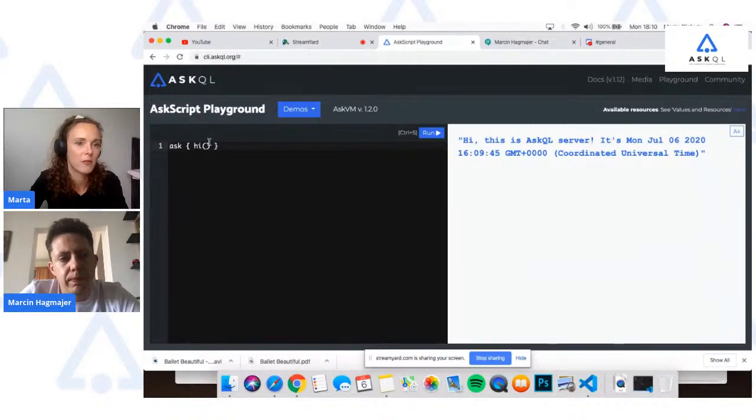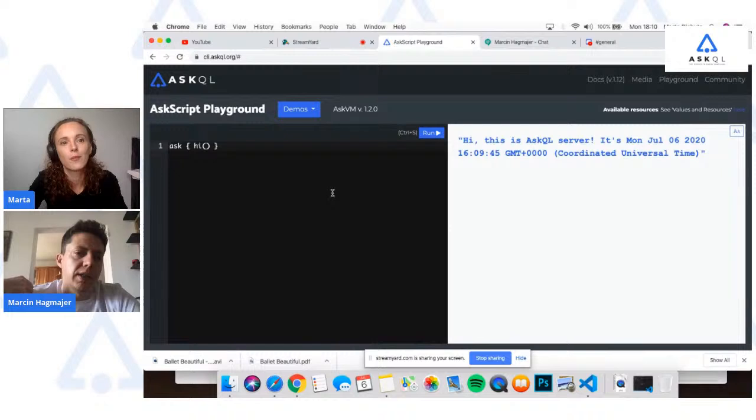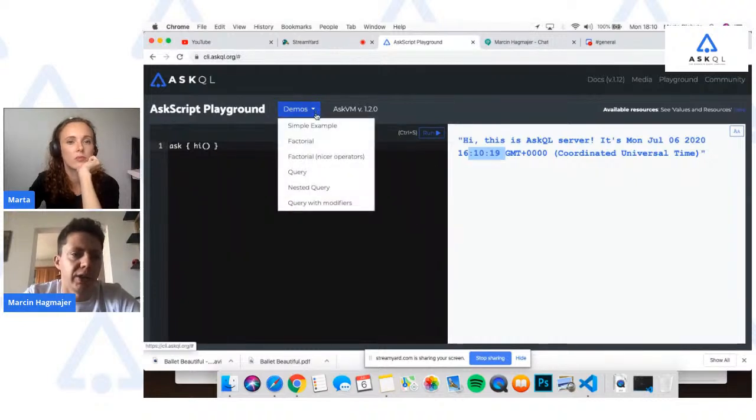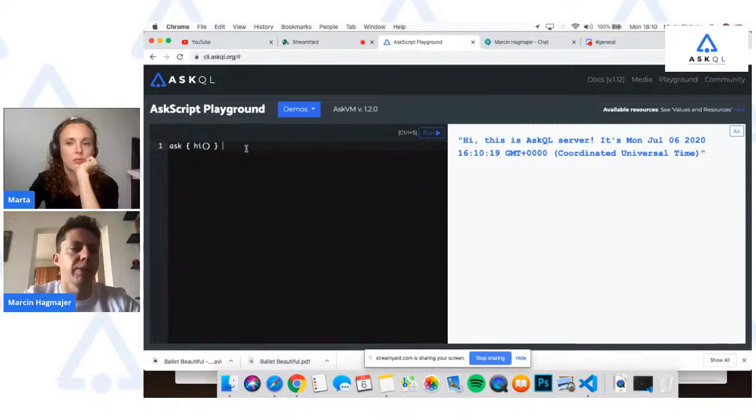That's why we have parentheses right here. As you can see, this is going to return a different value every time you run it. So it's not a value, because it's different every time. It has to have more going on inside, so it's a computation, a resource. You need to add those parentheses to have a place where you can put different arguments.